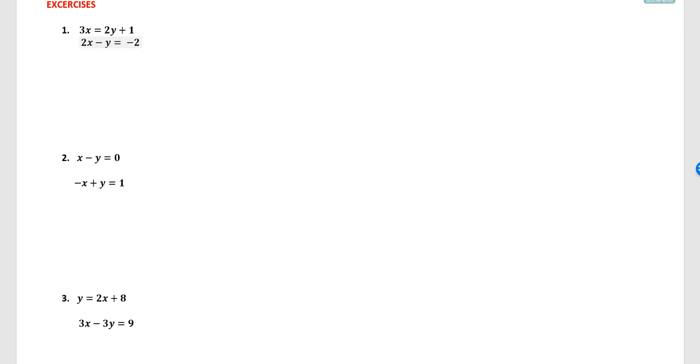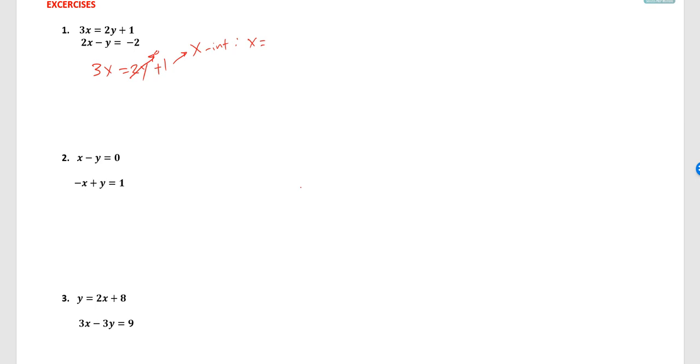We have 3x equals 2y plus 1, and then 2x minus y equals minus 2. Let's use our same method of finding the intercepts. For 3x equals 2y plus 1, the x-intercept: we set y equal to 0, so this term becomes 0.